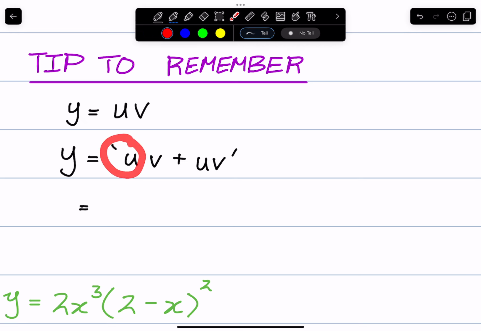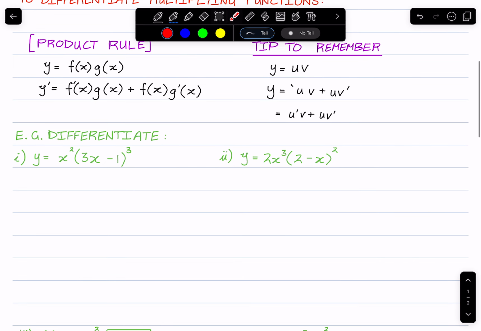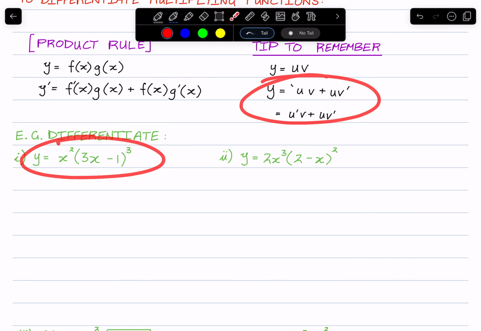Now this notation is not correct, so we can just move this to the inside like so. So it's u prime v plus u v prime. And I just show you this so that you can remember the idea of putting bunny ears or quotation marks. Now I'll demonstrate to you in depth how we can utilize this in order to differentiate this one.